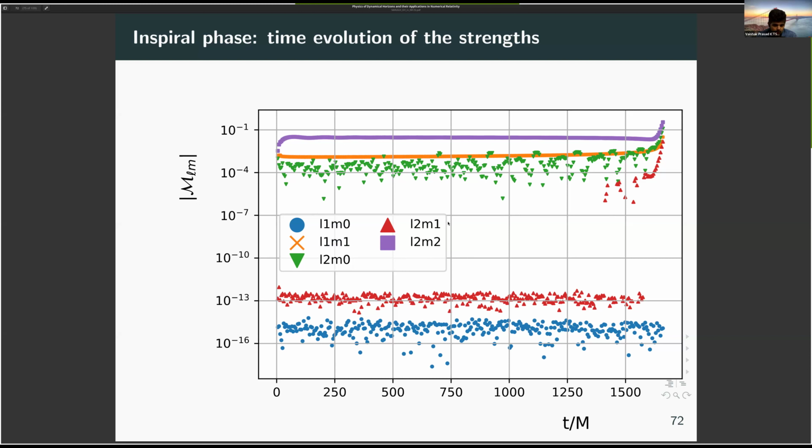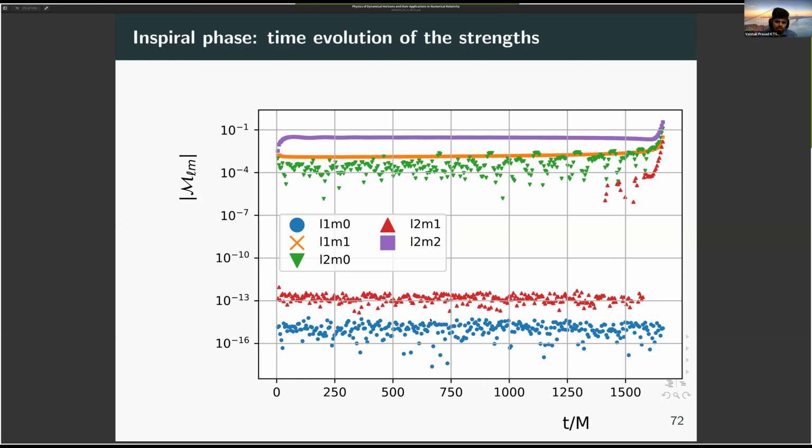It turns out there are a host of other contributions, and the dominant one is actually L2 M2, which is shown here. And these are oscillatory in nature because they are complex. And as you may imagine, with time, their strength increases as the two black holes come closer and closer to merge. There are different contributions to deformations of dynamical horizons, and they all increase in strength with time. And some of them remain zero, of course, because of symmetry considerations.